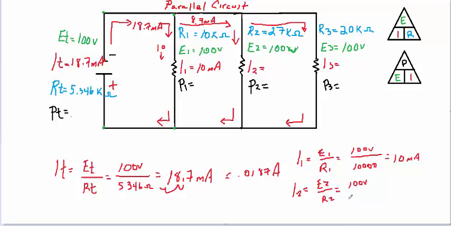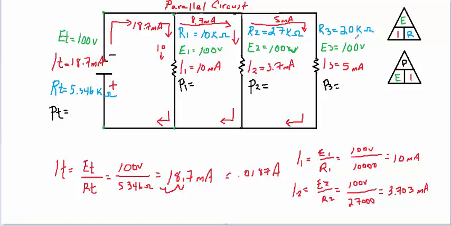So 100 volts divided by 27,000 ohms is going to give me a total of 3.7 milliamps. We said we had 8.7 here, and 3.7 went down there, so that means we have a balance going through this one, which is 5 milliamps. You can check that. 100 volts divided by 20,000 is 5 milliamps.